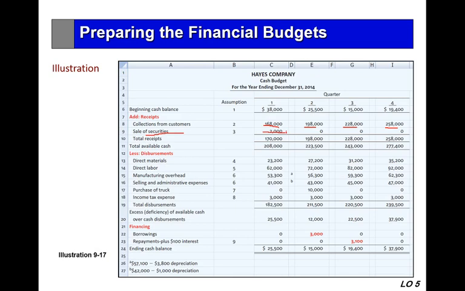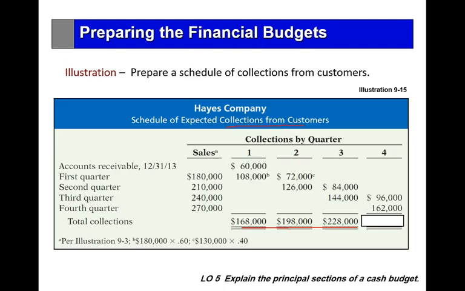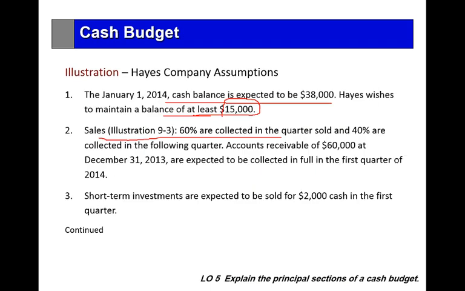In the illustration, in number 3, the illustration said that the company expects to sell investments in securities of $2,000. If we go back to the illustration, number 3, short-term investments are expected to be sold, 2,000.